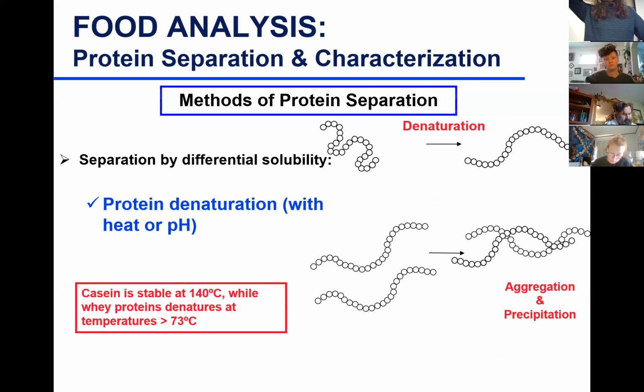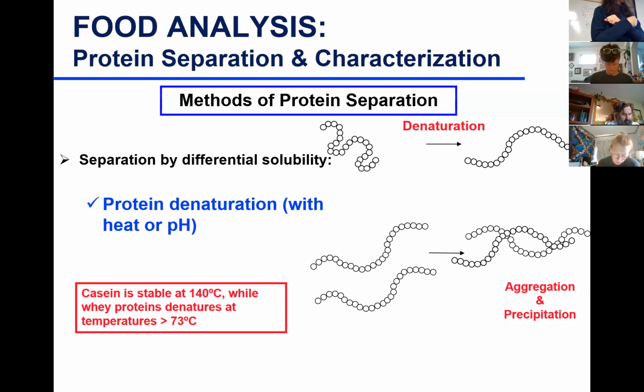Protein denaturation: you can denature the protein, and once it is denatured, it will interact with other proteins in solution via hydrophobic and disulfide linkages, form polymers, and precipitate. A lot of times this is done just to separate proteins. Let's say you have whey, which is a byproduct of cheese production, and you want to precipitate whey protein out and use it as a nutritive additive in a product.